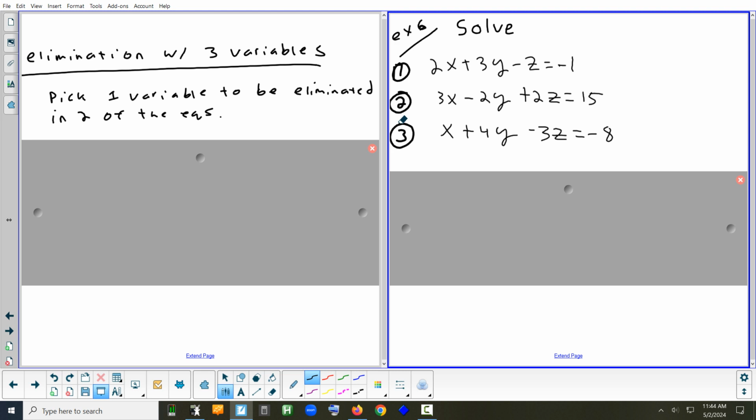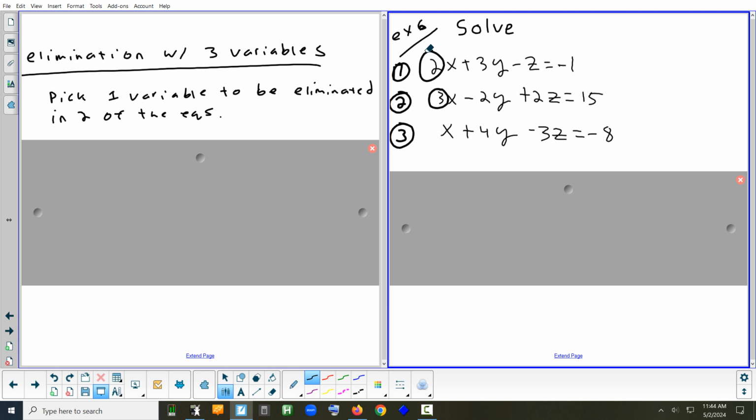Yeah, X. In that third equation, you have an X that has a 1. So it's very easy to multiply equation 3 by a number to make it the opposite of this and then the opposite of that. So I would probably try to eliminate X in equation 2 and then eliminate X in equation 1.